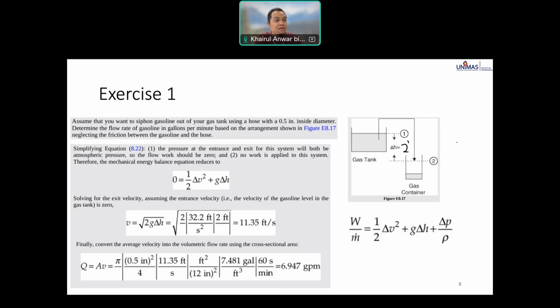So you see the g here, this is the gravity acceleration. In SI, it's 9.81 meters per second squared. Then the velocity is 11.35 feet per second.